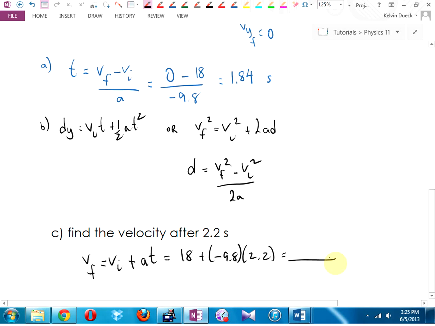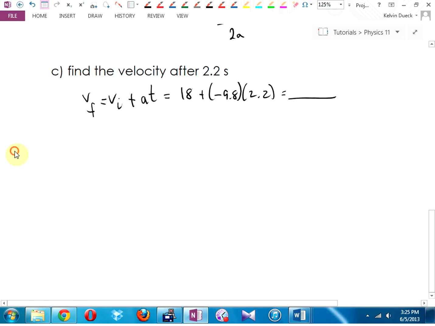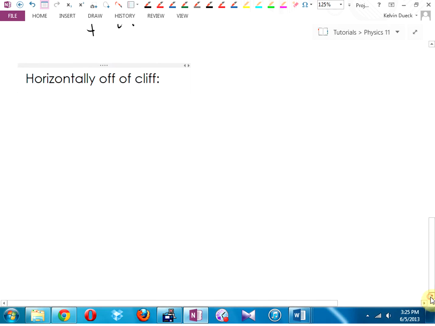Horizontally off a cliff was the next thing that we did. Okay. That's when we now had a horizontal and a vertical component.